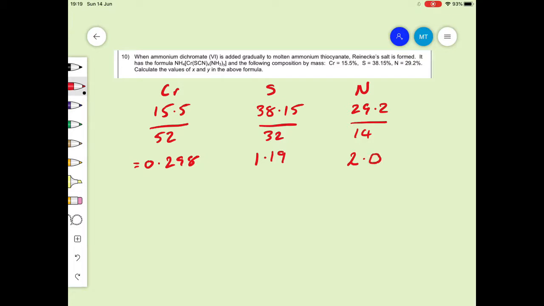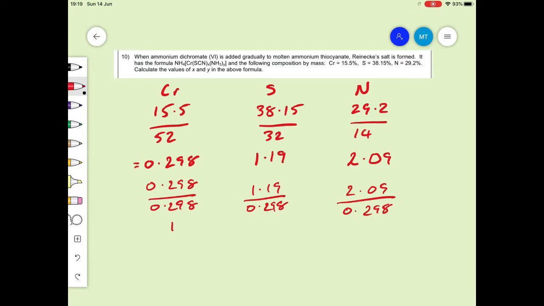To find the simplest ratio, divide by the smallest, which is 0.298. So 0.298 divided by 0.298 is easy, it's 1. The next one is 1.19 divided by 0.298, and the last one is 2.09 divided by 0.298.